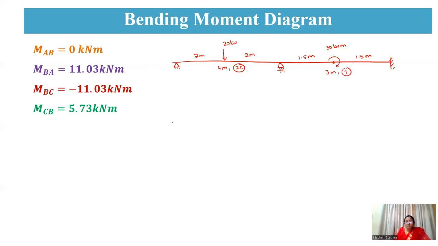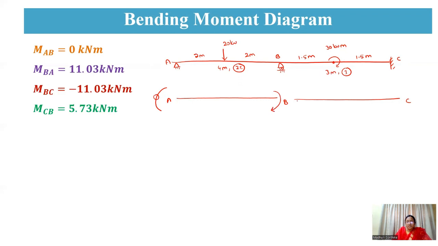Now coming to the bending moment diagram, we will just see here. This bending moment diagram will be equal to free moment and fixed moment. So first we'll draw the free body diagram. So for this beam, this is A, B and C. So this is also A, B and C. AB moment, we got it as 0.